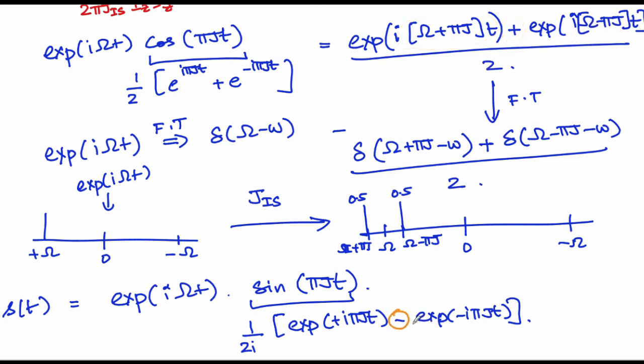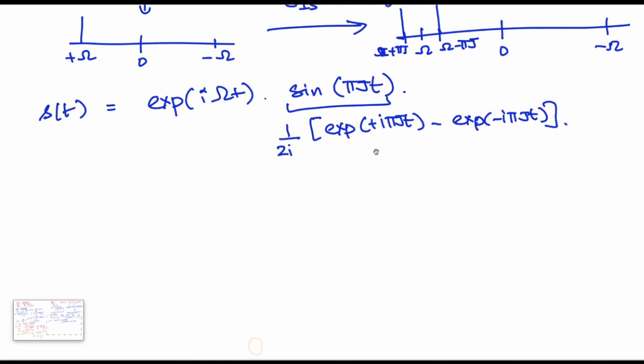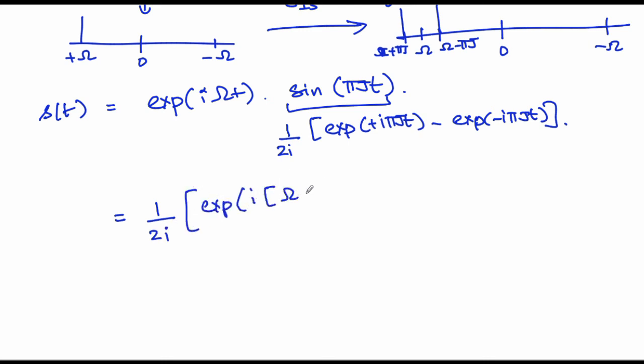Here the sign gets changed, and also the i will be present. Let's not worry about i, that can just be a phase factor. For now you don't have to worry about it, we will understand that later. So you have 1 over 2i times exp i omega plus pi J times t minus exp i omega minus pi J times t.